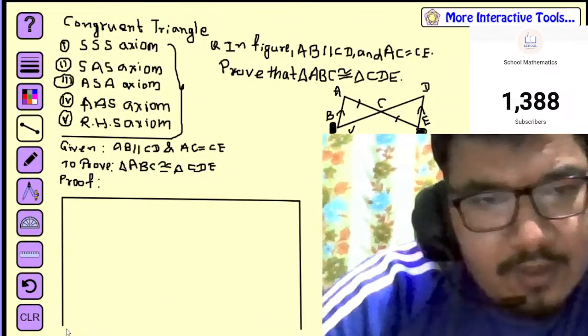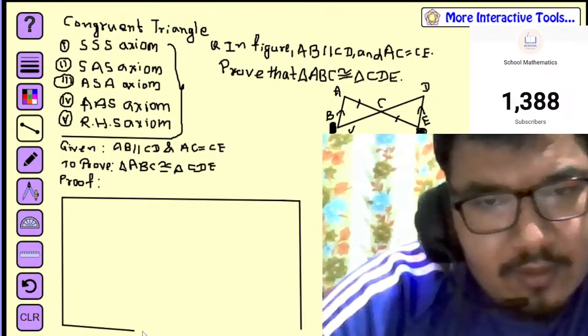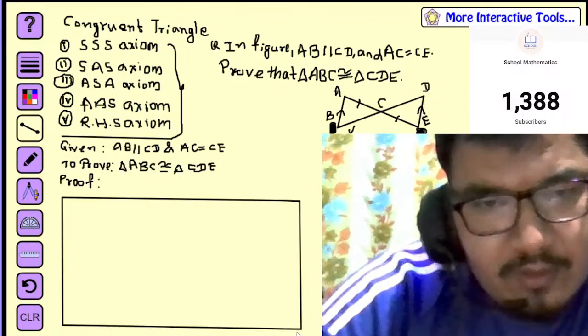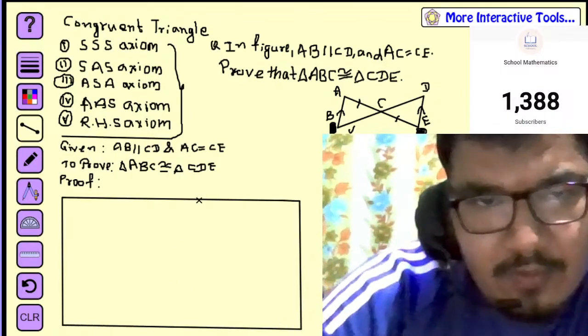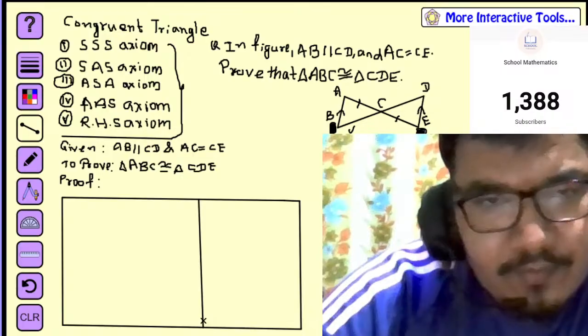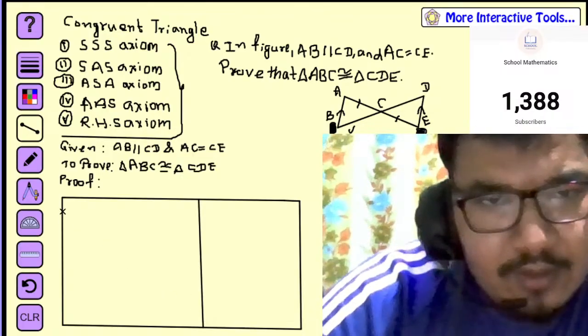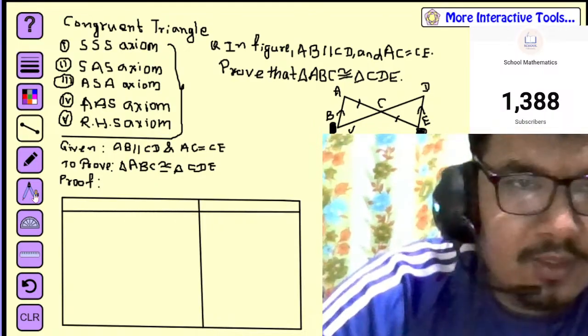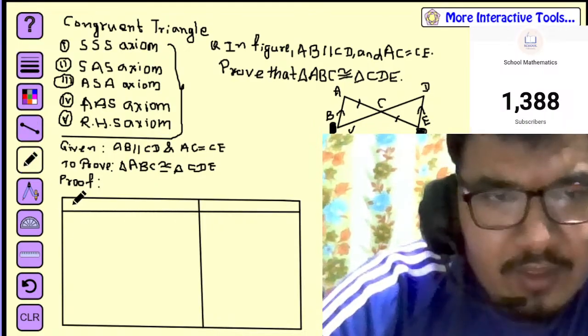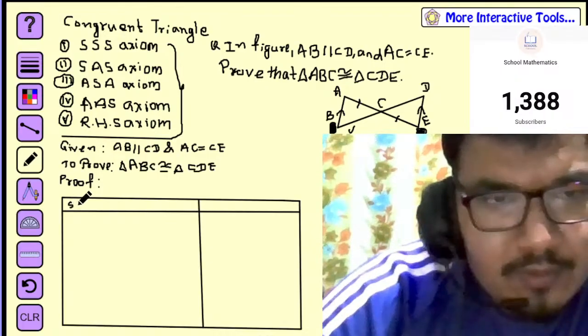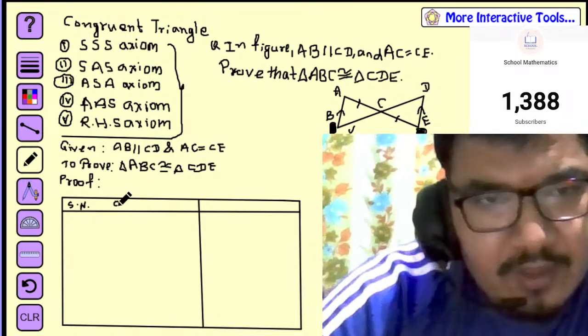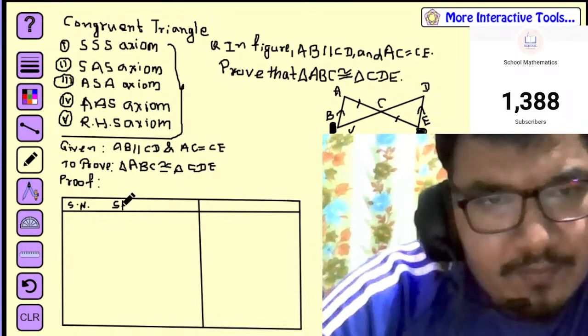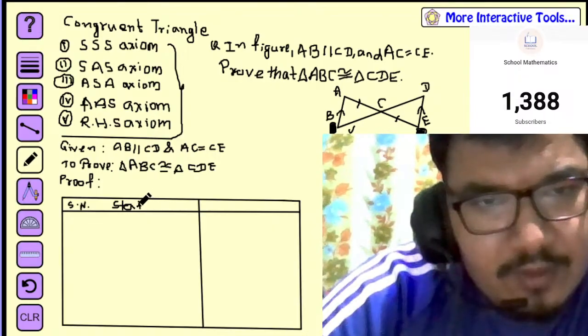Then close this table and divide it like this. Here we are writing the serial number, and next we are writing here Statements.